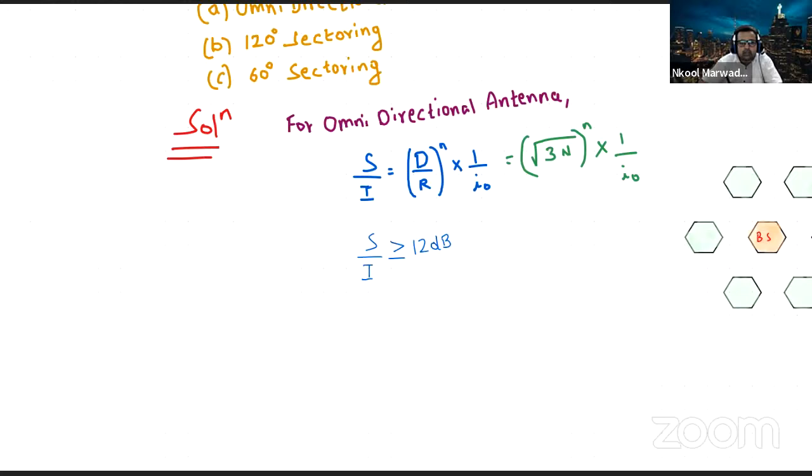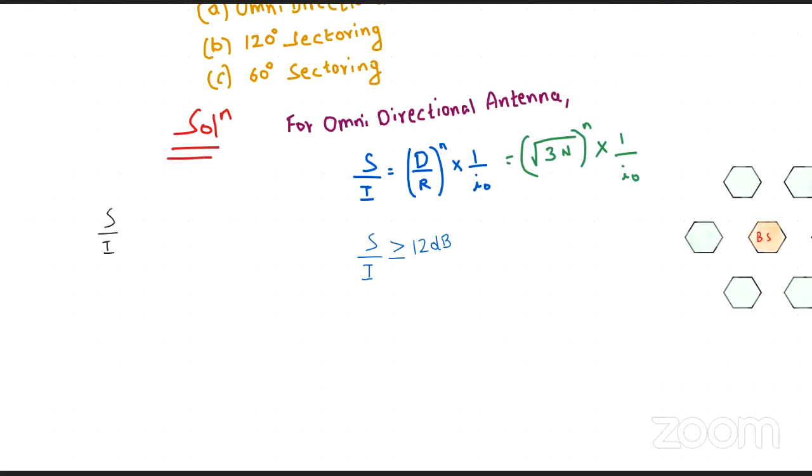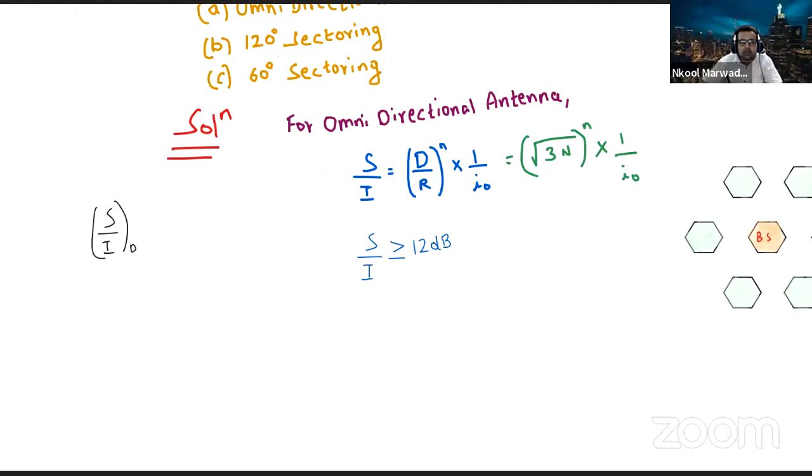S by I in dB equals 10 log base 10 S by I. That is the pure S by I, and this pure S by I is what we have to calculate, because S by I in dB is 12 dB.